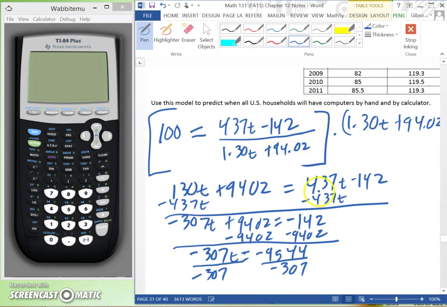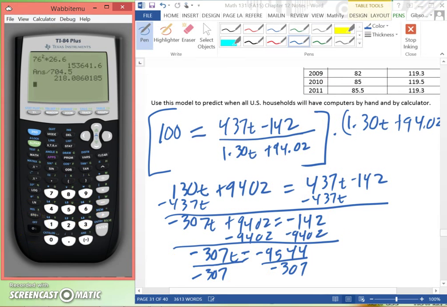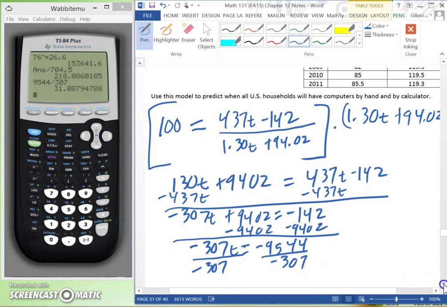Then we will use our calculator here. We know a negative divided by a negative is positive, so we could just type in the numbers without the negative sign since we know our answer is going to be positive. This would give us 31.09 if we round to 2 decimal places.